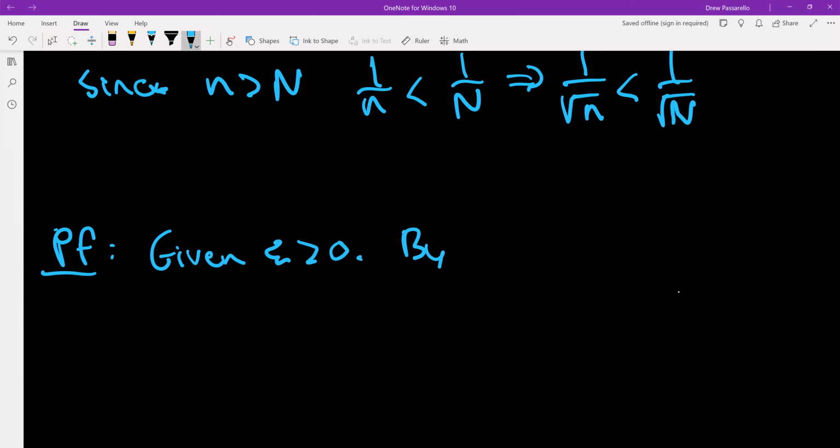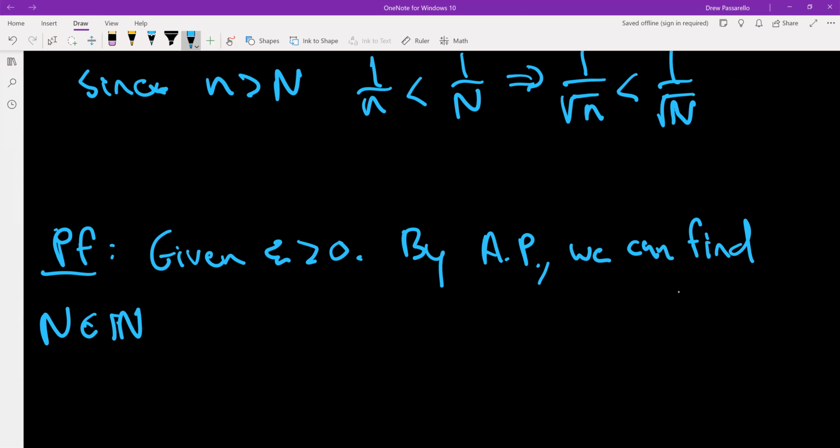By the Archimedean Principle, we can find a natural number, capital N, where capital N is bigger than 1 over epsilon squared.